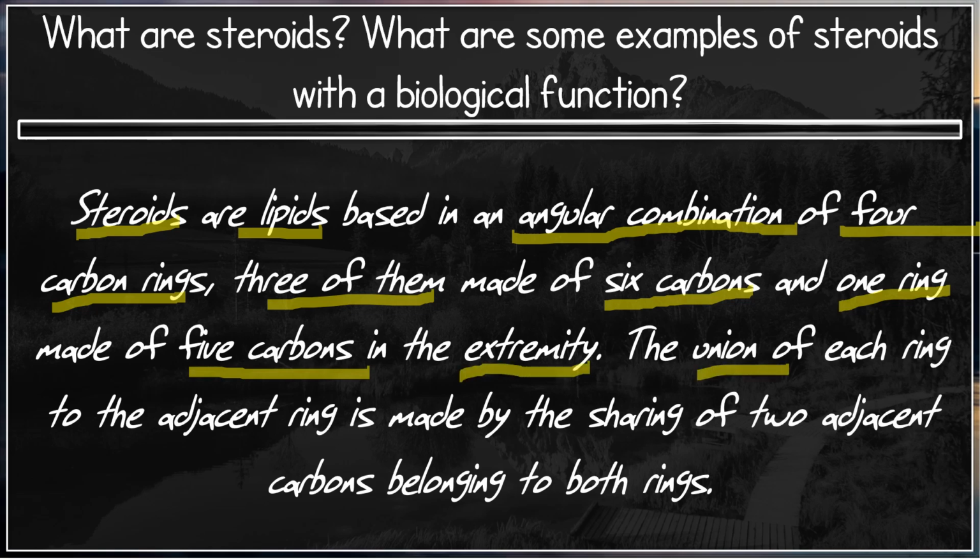The union of each ring to the adjacent ring is made by sharing 2 adjacent carbons belonging to both rings.